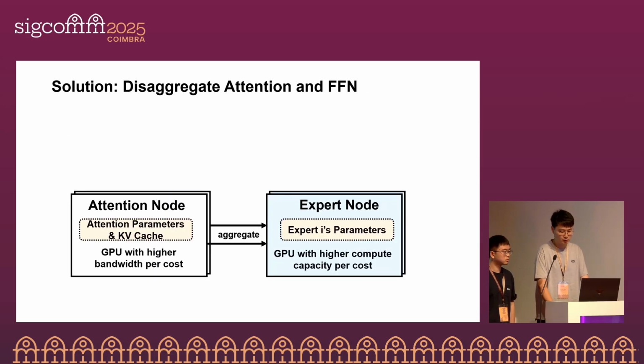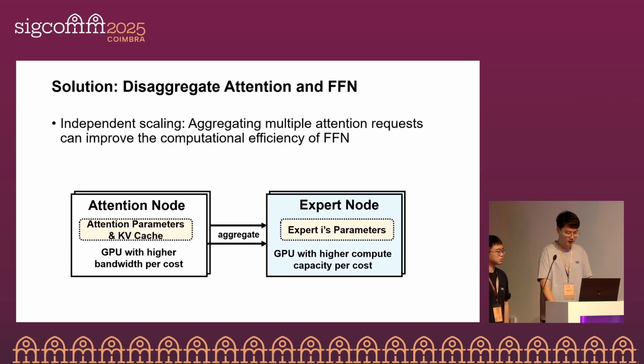To solve these issues, we propose disaggregating the attention and FFN modules onto different nodes. This brings two benefits. First, after disaggregation, the attention and FFN components can scale independently. The attention side can be deployed using the replication method, allowing requests to be aggregated and sent to the expert side.